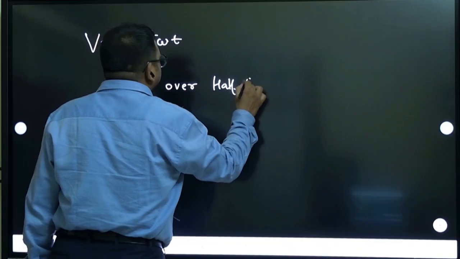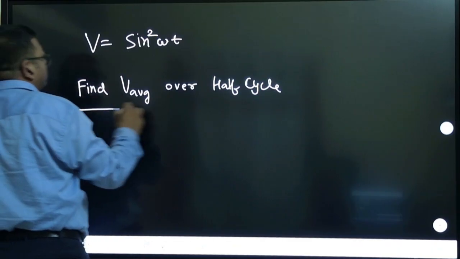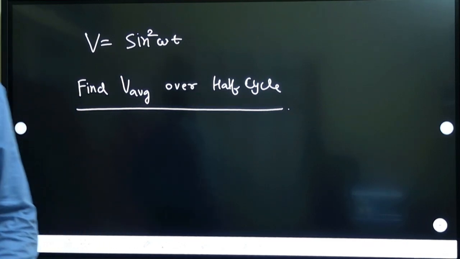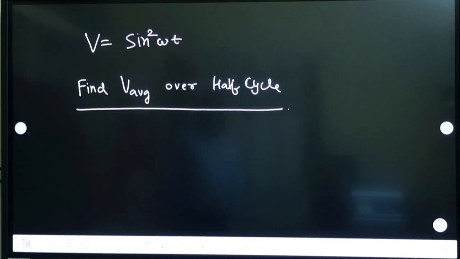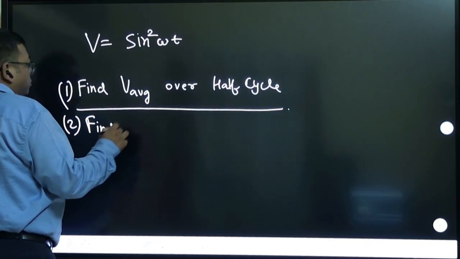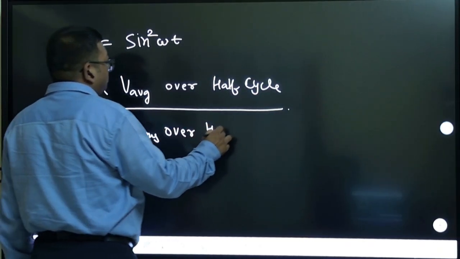Can you calculate? Find v average over half cycle. No, no, not RMS. This is average value. Okay, let's add that question also. Find v RMS also over half cycle.